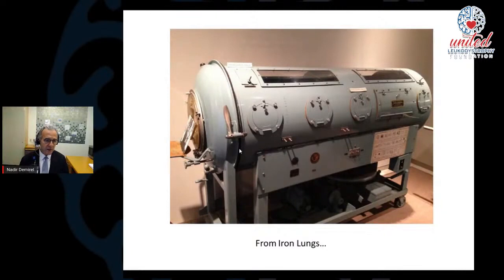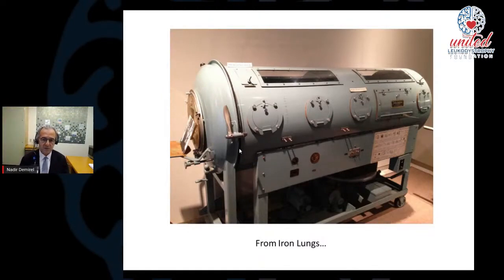People started to understand hypoventilation early in the 20th century, particularly during poliomyelitis epidemics. People were conscious, their brain was functioning very well, but their muscles were so weak that they were not able to maintain breathing. So the chest muscles and diaphragm were the problem here. They developed iron lungs that moved the chest by creating negative pressure with a pump.